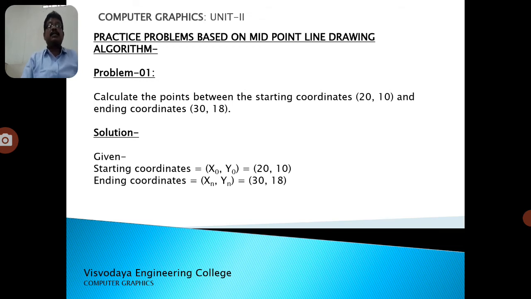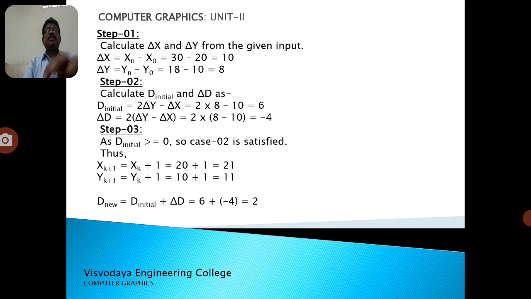And coming to this practical example, we will find the next coordinates based on the d initial value. Here the given coordinates are 20, 10 and the ending coordinates are 30, 18. Now you can observe the initial and ending coordinates, and again we will find the delta x value and delta y value.